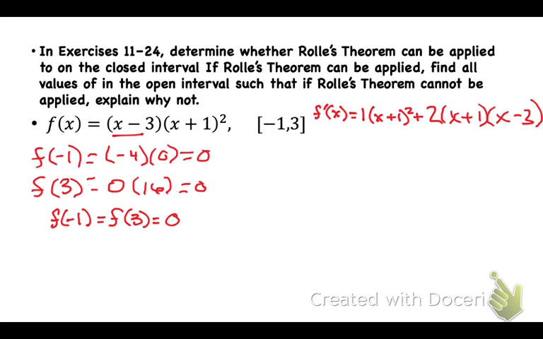So 1. Okay, so now I'm going to have to set this equal to 0, but before I set it equal to 0, do I have to multiply all this out and combine like terms? Yes. So this x plus 1 is x plus 1 times x plus 1. So that would be x squared plus 2x plus 1.